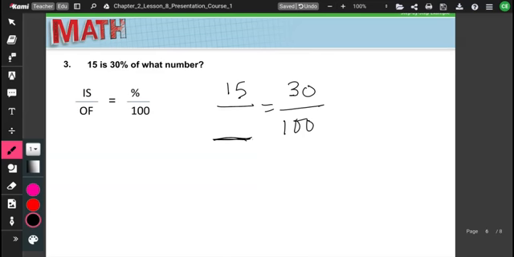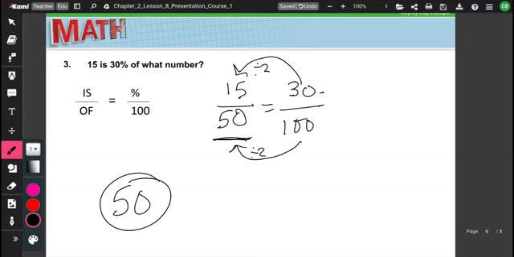I know that 30 can be divided by 2 to get to 15, so I'm going to do the same thing on the bottom. You always want to try to figure out how to get from one number to the other number. If it's not as simple as this, then you need to simplify and then multiply, trying to find that number. Since I know that 30 divided by 2 is 15, I'm going to divide by 2 down here, which will give me 50. So our number that we're looking for is 50.